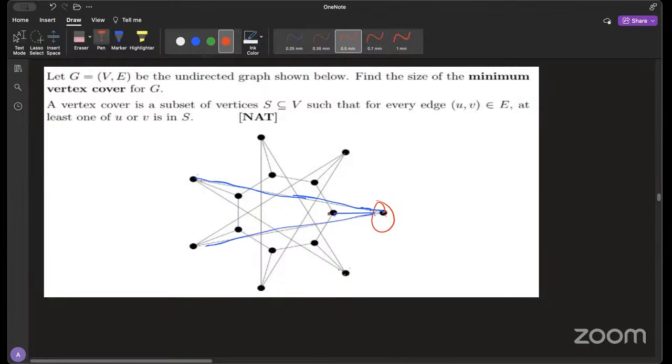Then if I start with this one, let's say if I start with this next, then you'll have this.